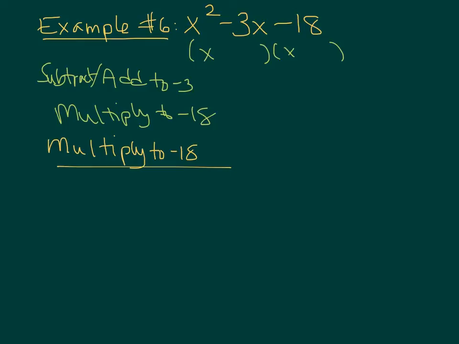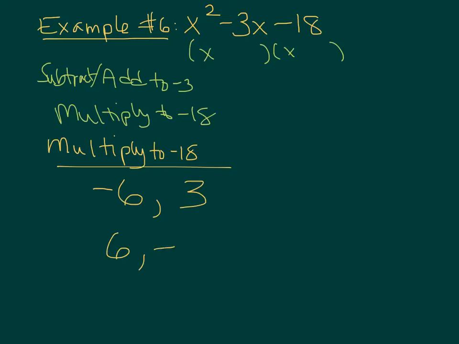are going to be, you'll find that 2 and 9 multiplies to 18, 3 and 6 multiplies to 18, and 1 and 18 multiplies to 18. However, 3 and 6 are the only ones where if you add or subtract them, you'll get 3. So I'm going to rewrite them, and since we're looking for a negative, we're going to do one positive and one negative.